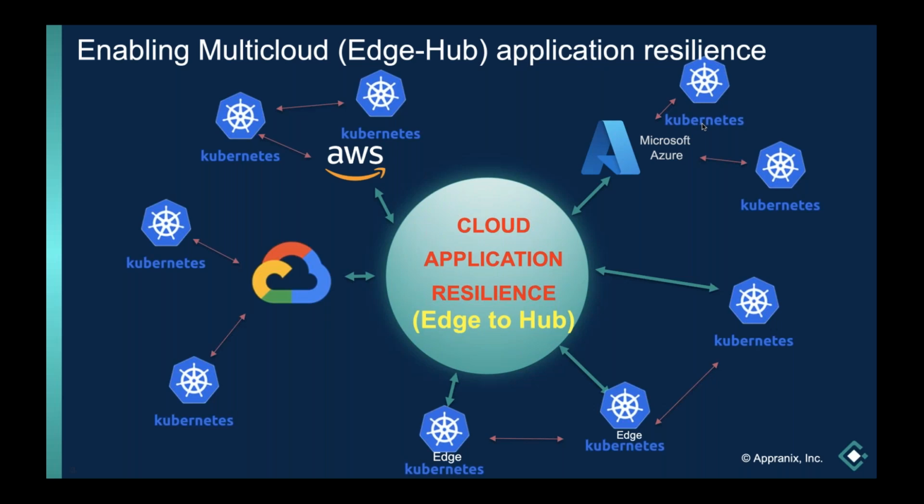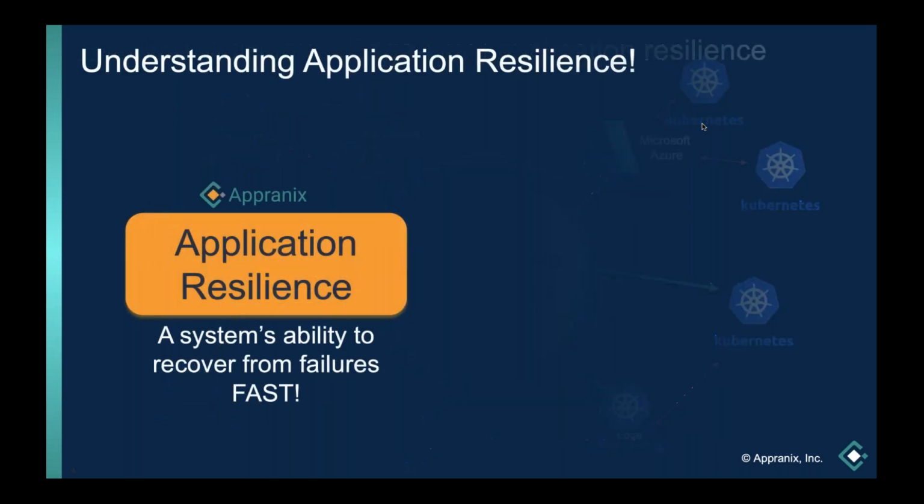That is one component of it. And then the second aspect is obviously releasing these applications faster and faster. So with that background, when you think about application resilience, in essence, the reliability of the application, resilience is the ability of a distributed system to recover from any type of failure fast, right?